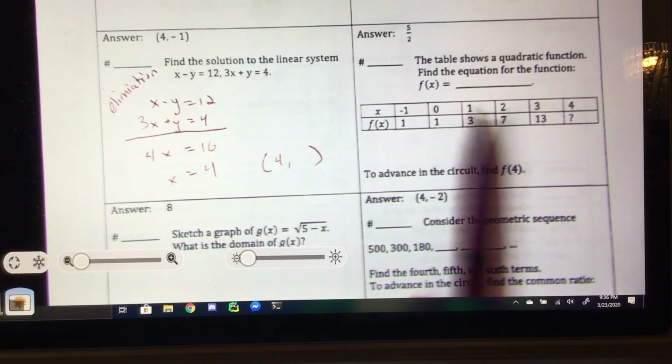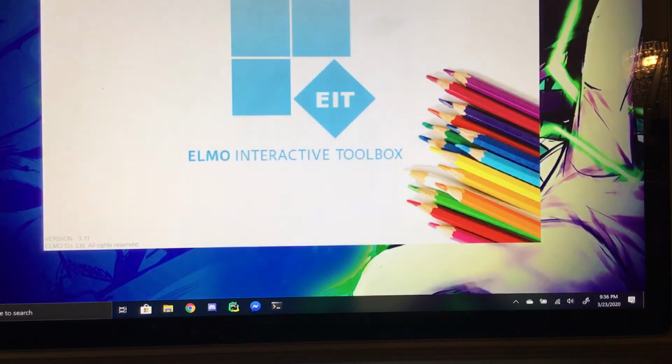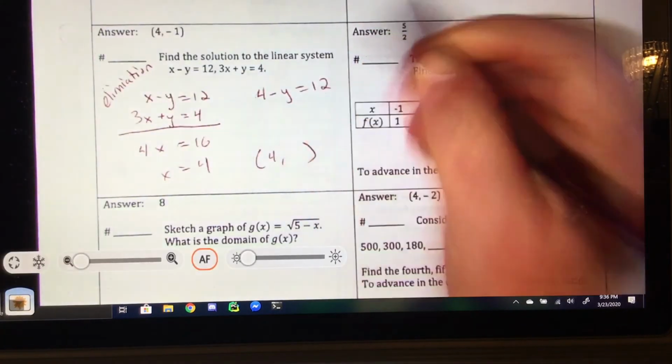Oh no, it's doing it again. Okay, waiting for it to unfreeze. Why wait for it to unfreeze? Reopen it. I could plug 4 in, so you'd have 4 minus y equals 12.